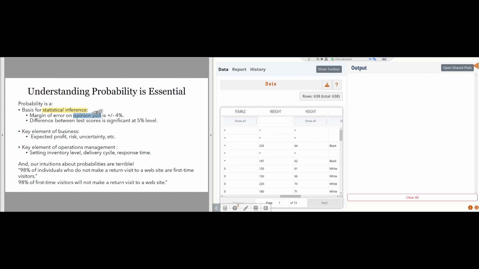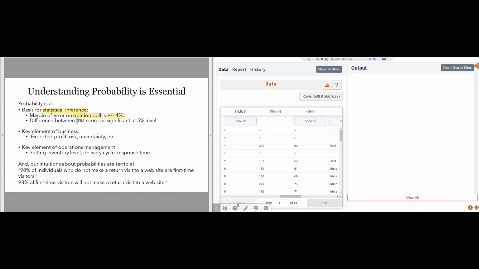For example, if you conduct an opinion poll of whether people did or did not like a movie, or whether people do or do not plan to vote for a certain political candidate, you can only do that with a sample of people, and the poll is usually expressed as a percentage with something called a margin of error, which means that the true population value is expected to fall within that, plus or minus margin of error.